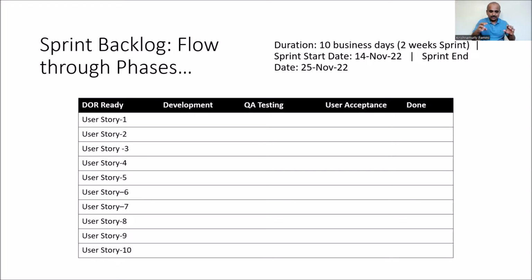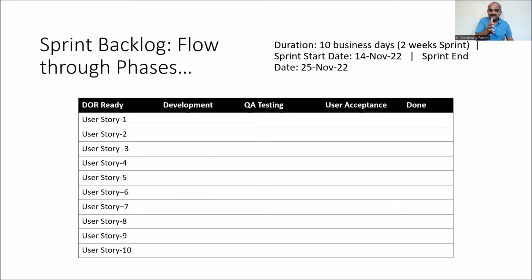So if you see, the beautiful thing that we are carving here is we are trying to bring Kanban within the sprint. Right? So there is a Scrum. At the heart of Scrum, that means at the heart of the sprint, we are trying to bring Kanban flow. Why? We wanted to see how user story flows through different phases or phase gates, and this is how the Kanban tracks.